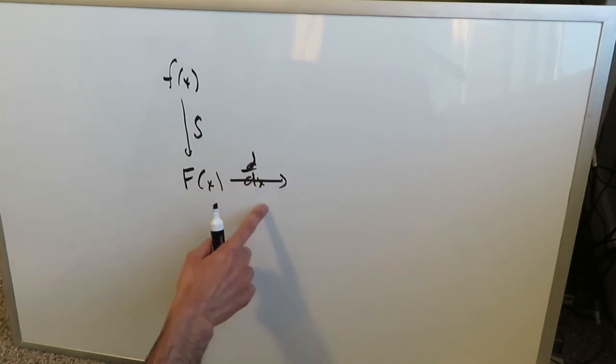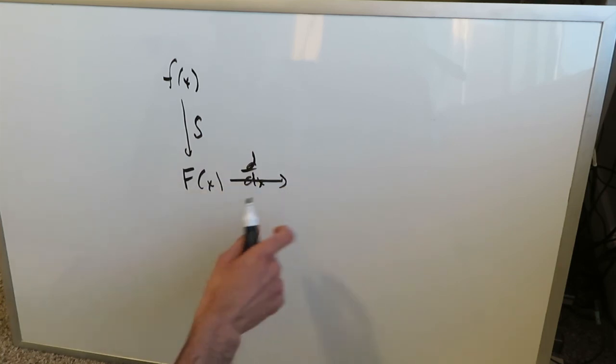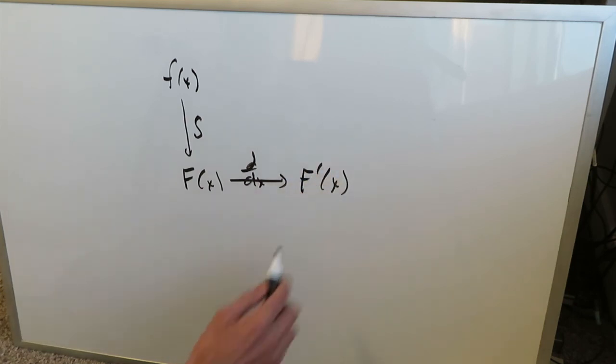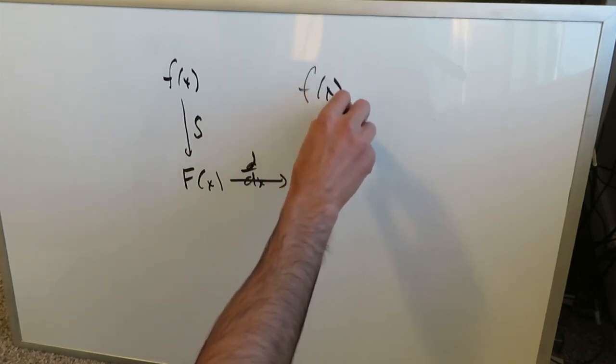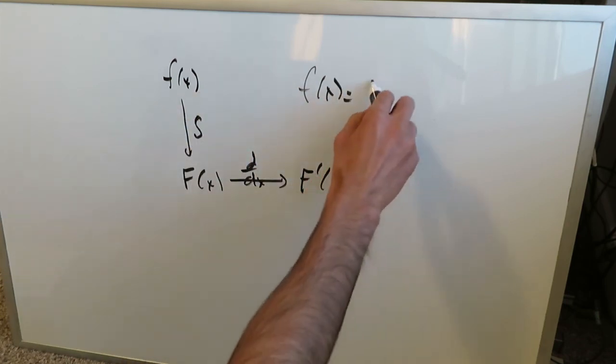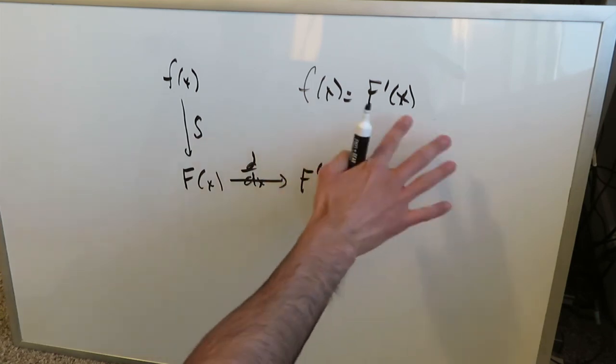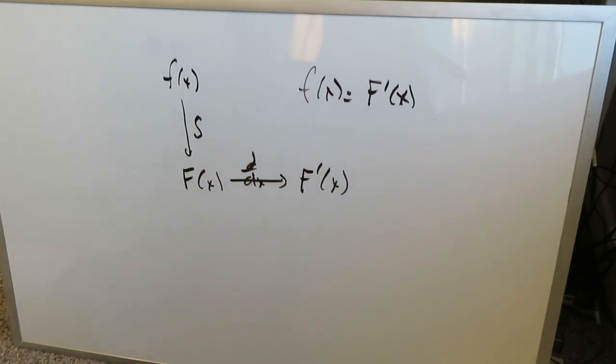If you're doing the derivative of your antiderivative, you're going to end up with this. The thing I'm saying is this original function will be the same as this. It'll be the exact same. The derivative of your integral will be the same as the original function.